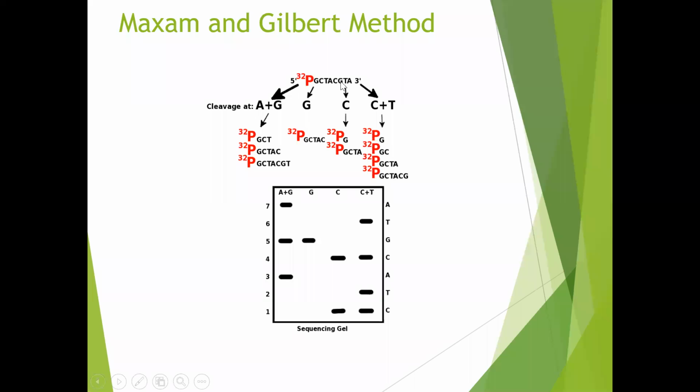Here is another G. So when formic acid is used, it can modify this G, and it can also modify... one sec... GCT, GCTAC. Yeah, here another G is there. GCT.